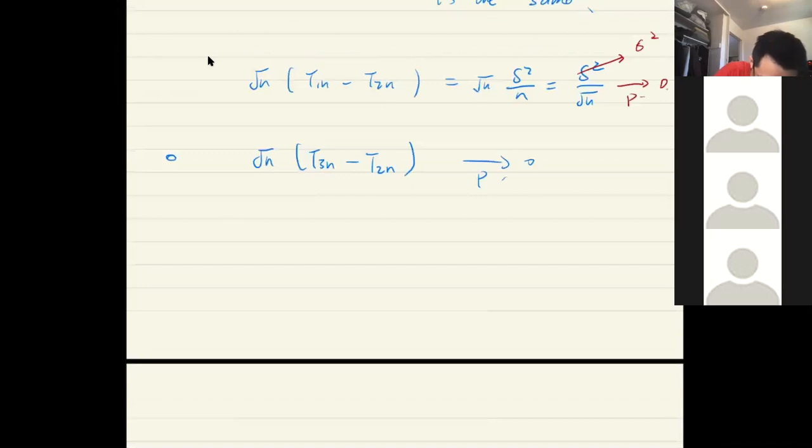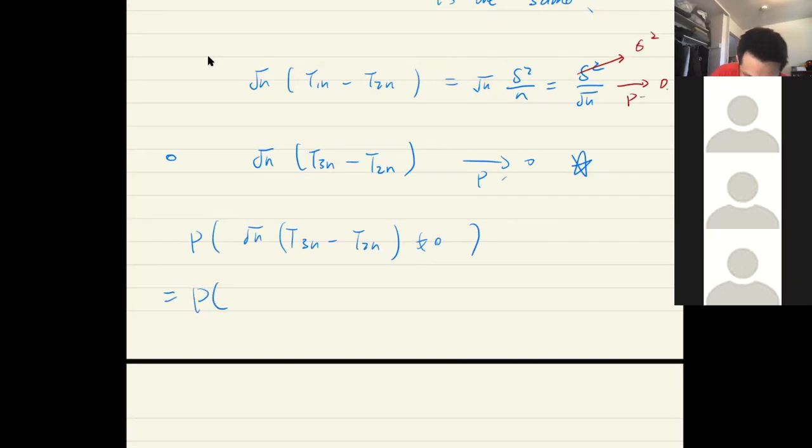So what I want to do is the probability of this not equal to 0. If this goes to 0, then we will have this.